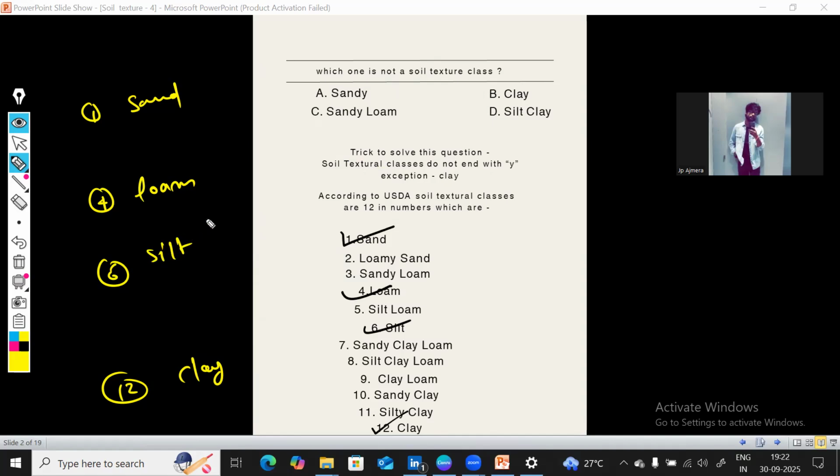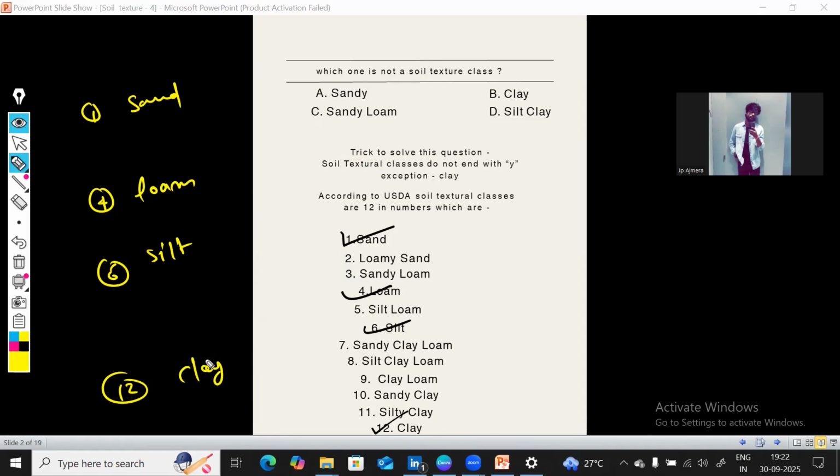So what is the method to remember these 12 classes? It's simple. We'll write the individual soil particles and remember their numbers. Sand has the first, loam has the fourth, silt has the sixth, and clay has the twelfth. What we have to do is, if there is clay, we start from the lower one.